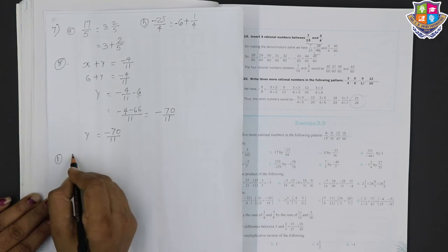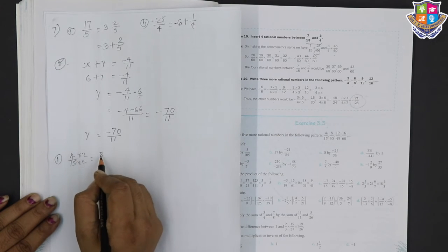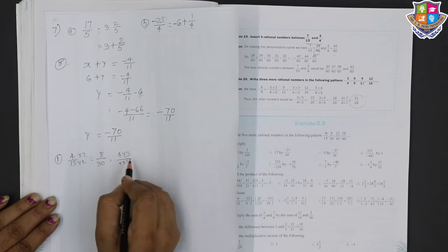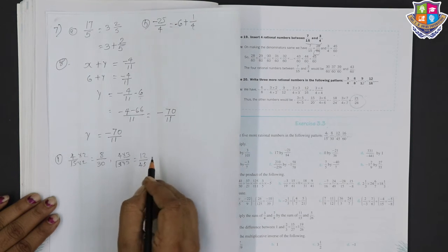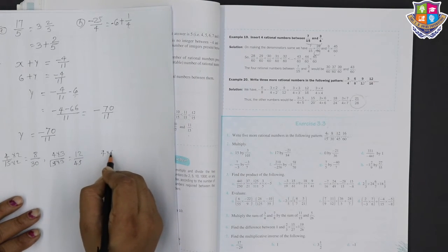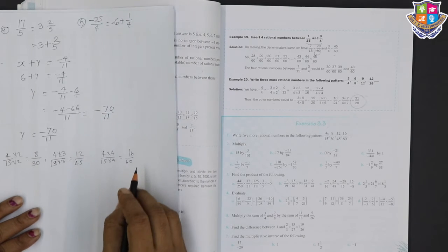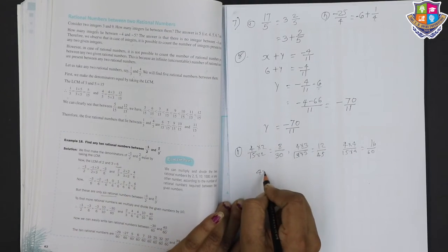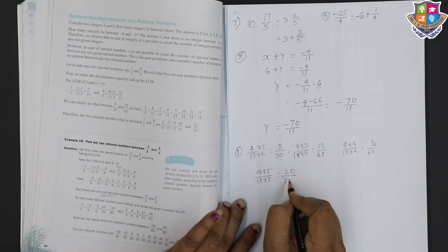First one: 4 upon 15. Multiply it by 2, you will get 8 upon 30. Now 4 multiplied by 3, sorry, 15 multiplied by 3, so it is 12 upon 45. Then 4 multiplied by 4, 15 multiplied by 4, so it is equal to 16 upon 60. Then up to 5 you have to multiply. So 4 multiplied by 5, 15 multiplied by 5, 20 upon 75.